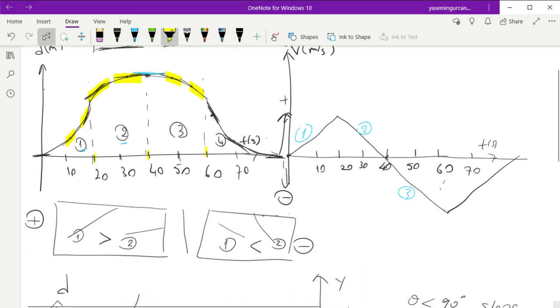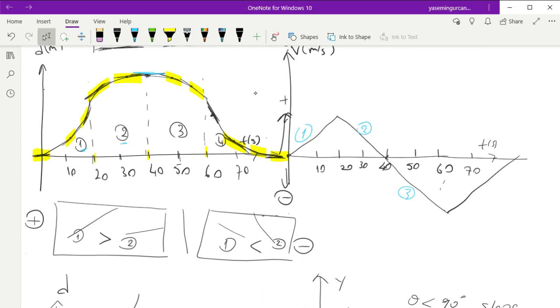After 60 seconds, which is here, you still have a negative slope, as you can see, but it's getting smaller and smaller, even at some point later that I don't have the scale to show. I don't know where it's going to cut the x-axis, but it's going to reach a point where its slope is 0 again, just like at 40 seconds, and just like at the 0 point, which also has a 0 slope.